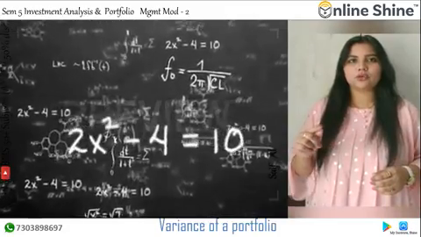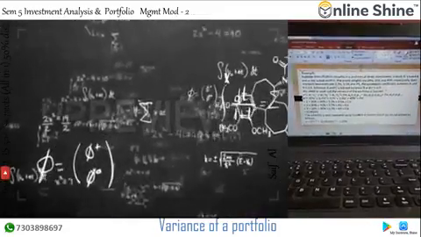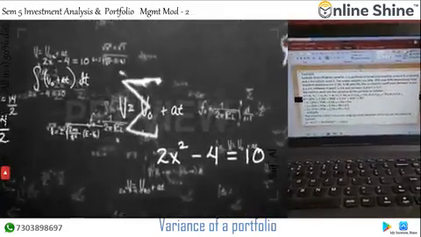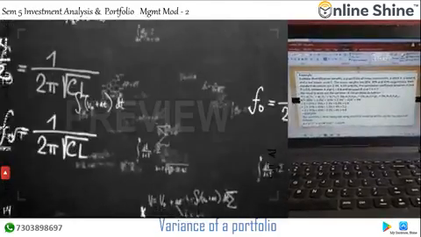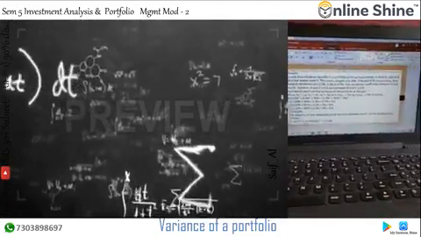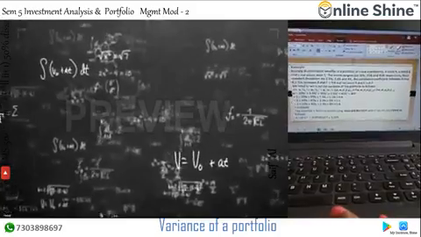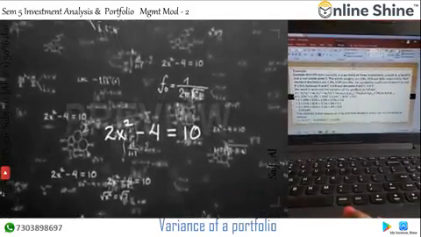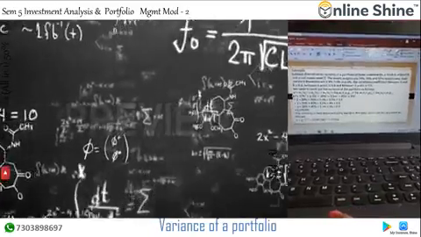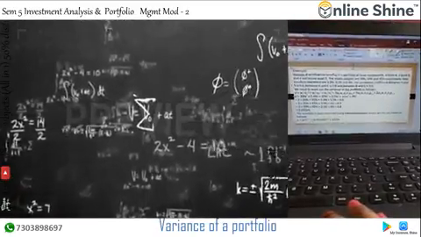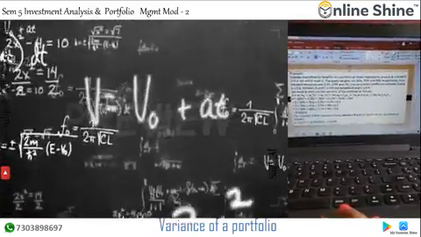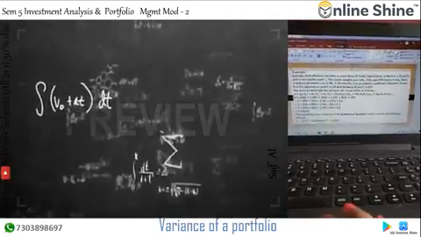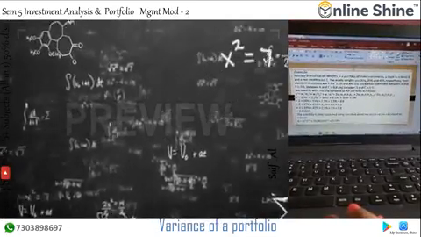In this example, you can see that the weights are W1 equals 20%, W2 equals 35%, W3 equals 45%, and the standard deviations are sigma 1 equals 2.3%, sigma 2 equals 3.5%, and sigma 3 equals 4%.